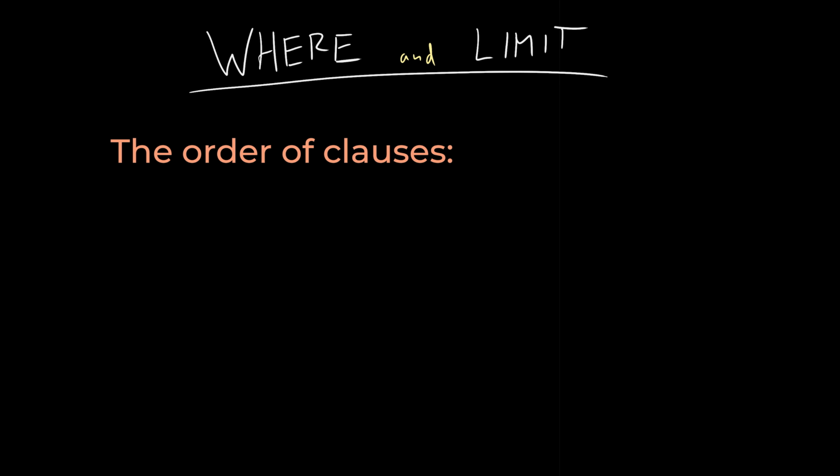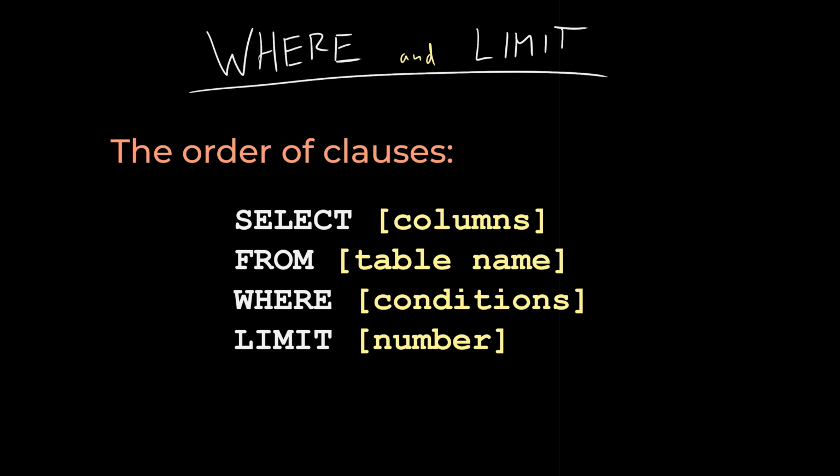Let's look at the order of the clauses. So remember last time where select always has to be before the from clause? Well, this is the new order. Select always comes before from, which always comes before where, which always comes before limit. So when you do select, you select the columns you want. From, you choose your table name.